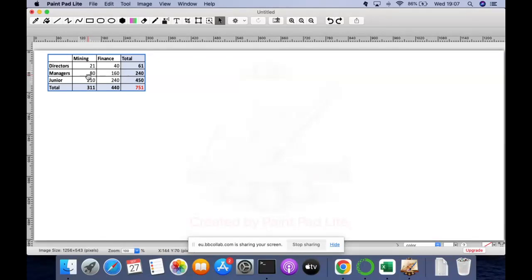So we're adding up all the directors, managers, and juniors. All right, so this is the information that will be given to you. You'd often be left with calculating the totals yourself, but I hope you understand basically how you do it. It's pretty simple. You'll need the column totals, you need the row totals, and then the grand total. The 751 is the grand total.